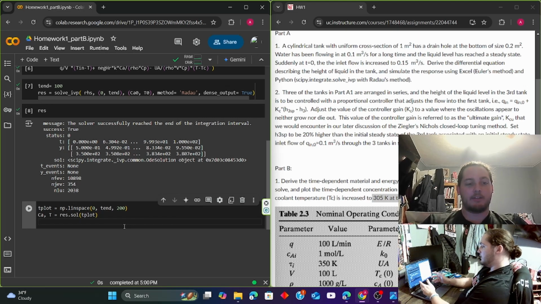So now we can go ahead and create our subplots now that we have x and y values.